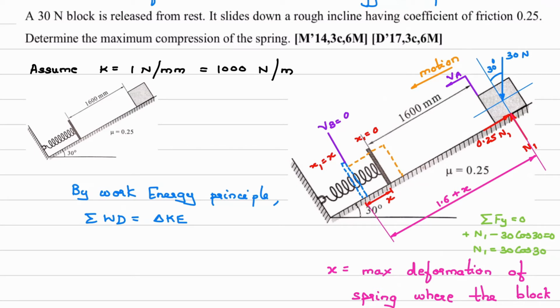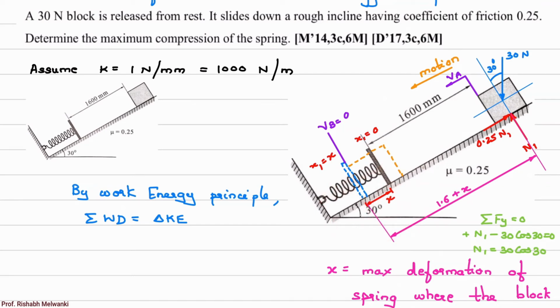This displacement value x is the maximum compression of the spring, because here you can see this is the free length of the spring. Because of the motion of the block, that spring gets compressed. So this is the total length of the spring. What will be the deformed length? It will be free length minus total length. So that will give us x.